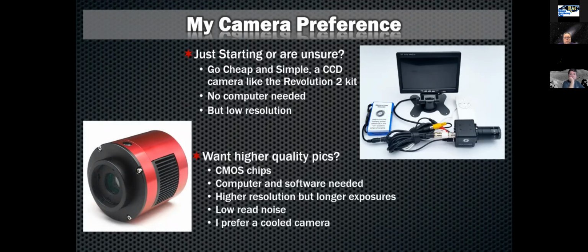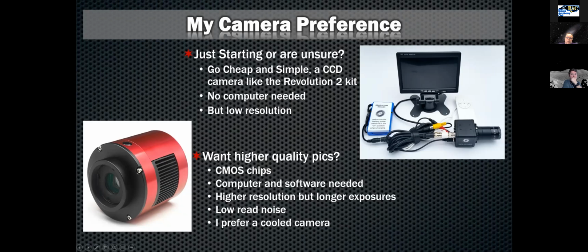But if you want higher quality pictures, and that's where I moved from, I wasn't happy with the standard resolution. So think 600 pixels across, 480 pixels down. I can't remember the exact numbers. Again, not very high quality coming off of some of these CCD cameras. I wanted better. But when you get to these CMOS chips or dedicated cameras like the ZWOs, you're going to have a computer to run the software.